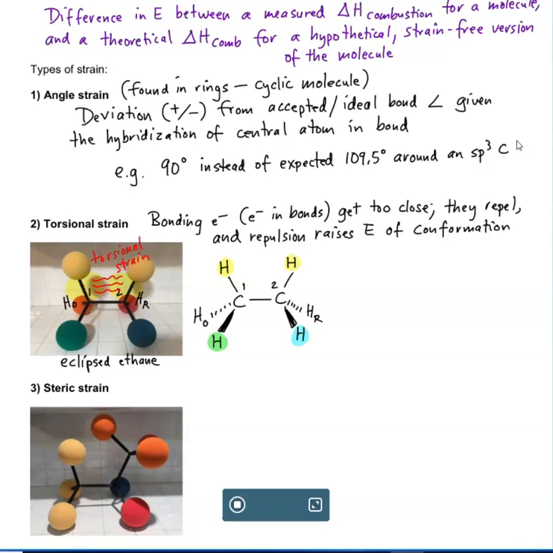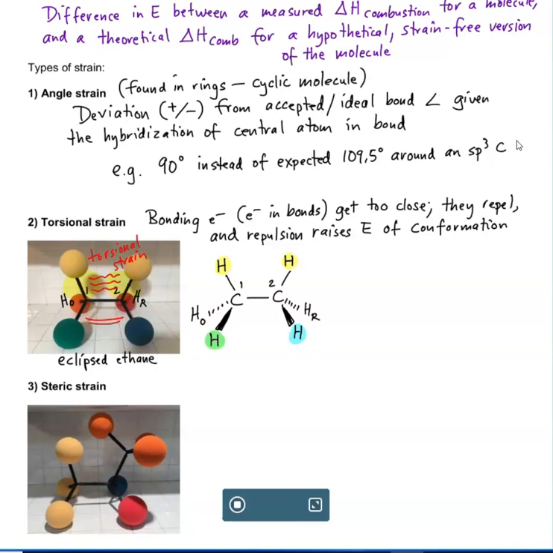So the two yellow hydrogens, the bond to the green hydrogen with the bond to the blue hydrogen, there's torsional strain there as well, so in this region. And then the bond to the orange hydrogen and the bond to the red hydrogen, those are also eclipsing. And so although I can't draw it on this picture, you're going to have torsional strain occurring there as well.